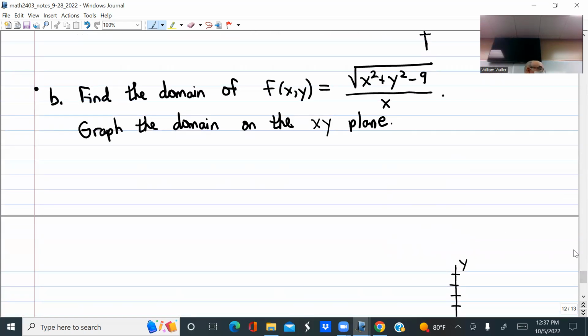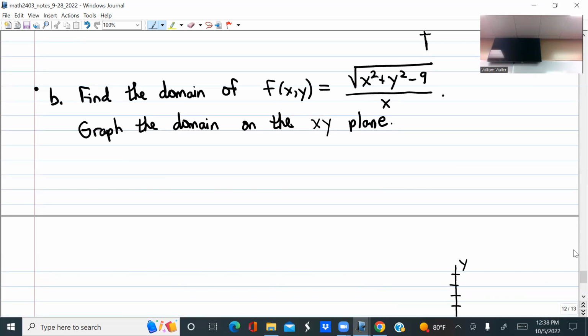All right, so y'all work on that, okay? Think about the top there. Where is that non-negative? So set up an inequality. So graph that circle. You're going to graph that. Just scribble an x y axis.